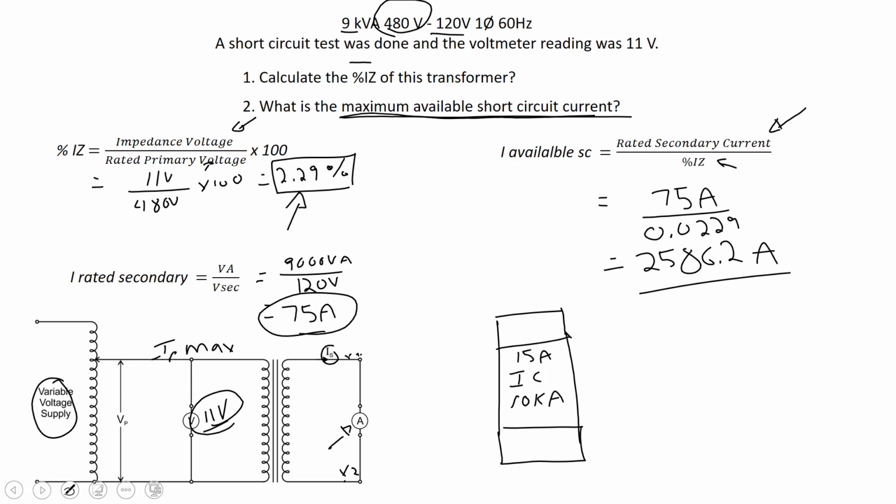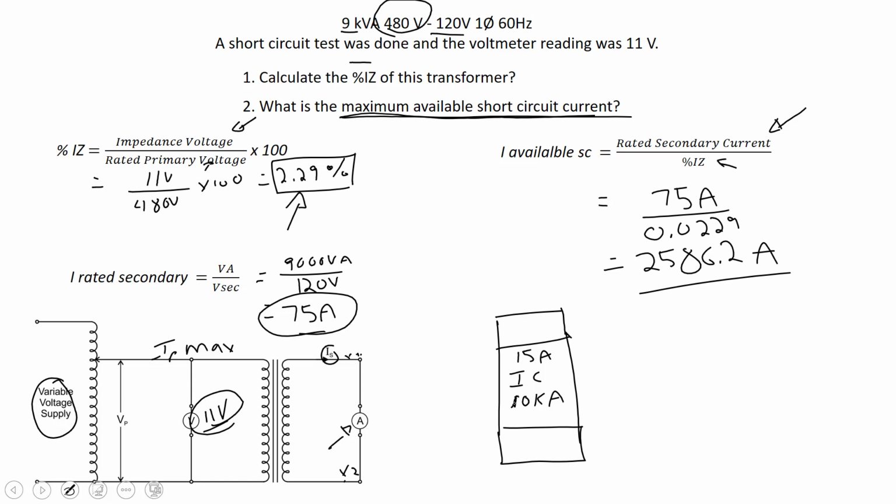What that interrupting capacity means is that it can safely interrupt a fault current as high as 10,000 amps without destroying itself or fusing together. In the case of a circuit breaker, it may just weld right where it is; the contacts aren't capable of opening it, and it might weld them together.